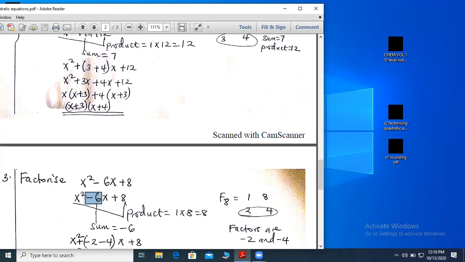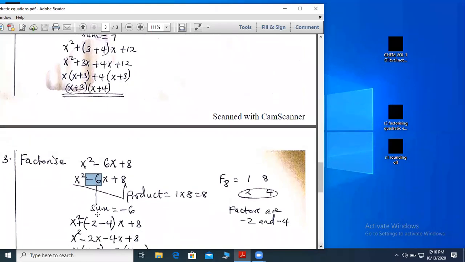So I put here x squared plus negative 2 minus 4 into x, then minus 8. And when I open the brackets, it will be x squared minus 2x minus 4x plus 8, such that minus 2x minus 4x is still negative 6x, as you can see.